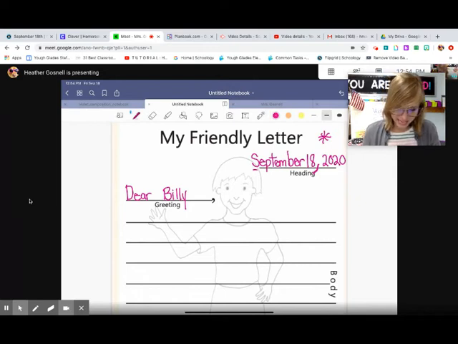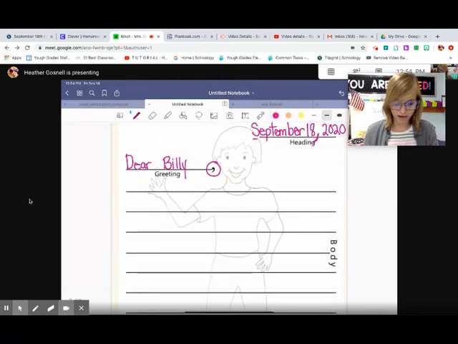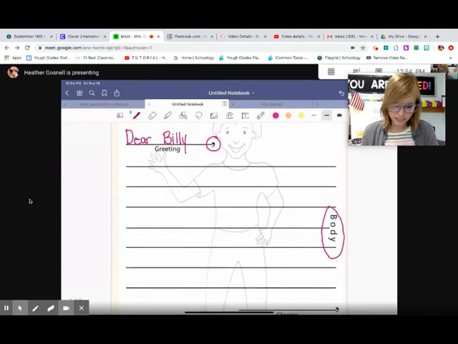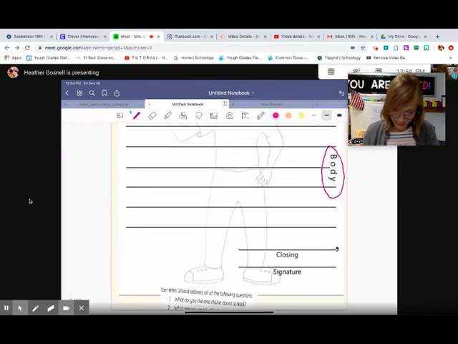Now, the next part of the letter, you're going to need to have a comma there. And that separates your greeting from your body. And that's what we're going to talk about next. This is the body of your paper. This is the biggest part of your letter. So you remember those questions that I had you do?